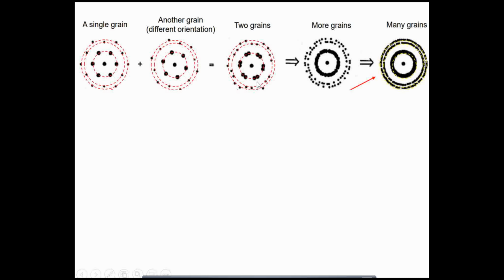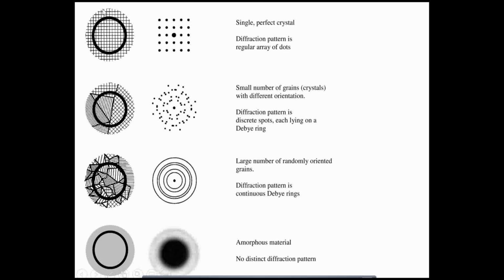If you have multiple grains, or it is polycrystalline, you will get continuous diffraction rings. So if it is perfectly crystalline, the diffraction pattern is a regular array of dots. If there are multiple grains, the diffraction pattern is discrete spots, each lying on a diffraction ring, and if you have polycrystalline material, then a continuous diffraction ring is formed, and if you have amorphous, then you will get a hazy kind of diffraction pattern.